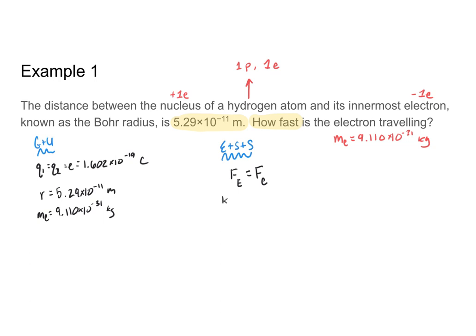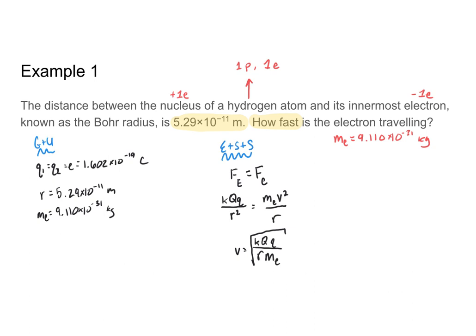Therefore, K times the charge of the nucleus times the charge of the electron divided by the distance between them squared is equal to the mass of the electron times its speed squared divided by the radius of its orbit. Solving for v, I get that v is equal to K times Q squared divided by r times the mass of the electron. And of course, we need to take the square root of that whole big ugly thing.